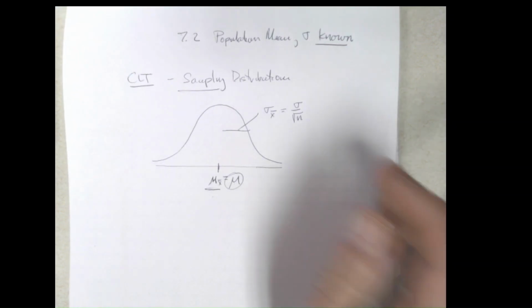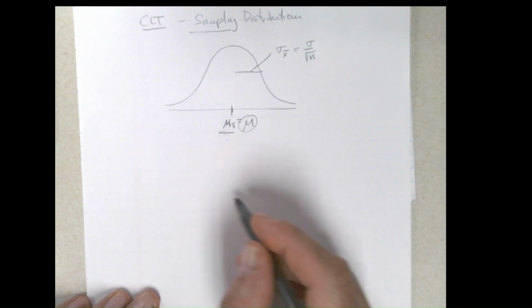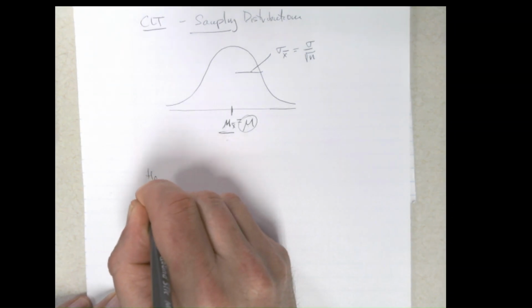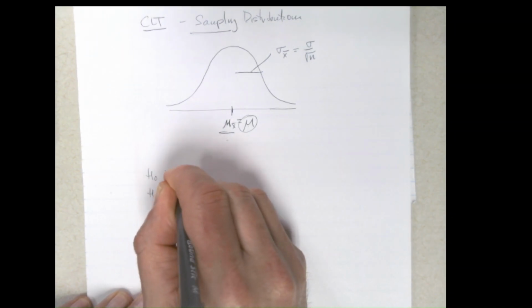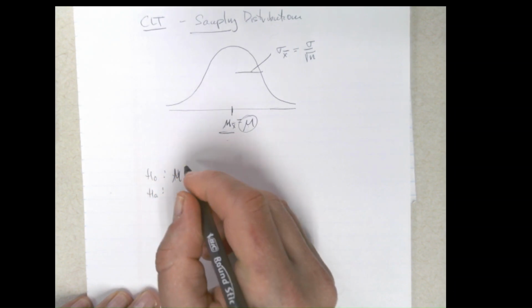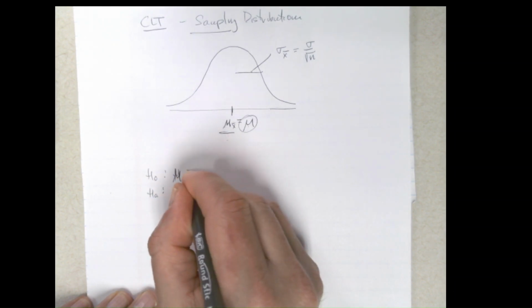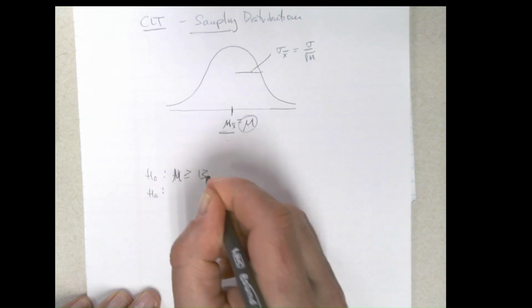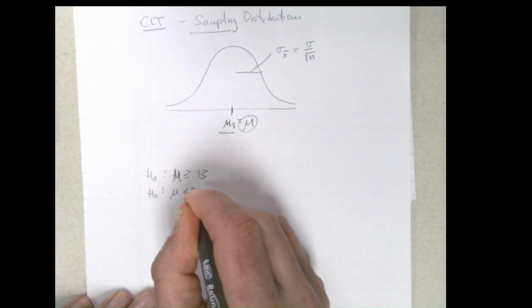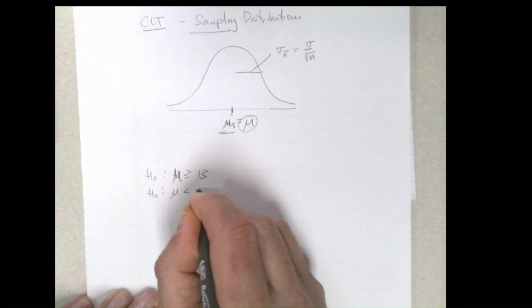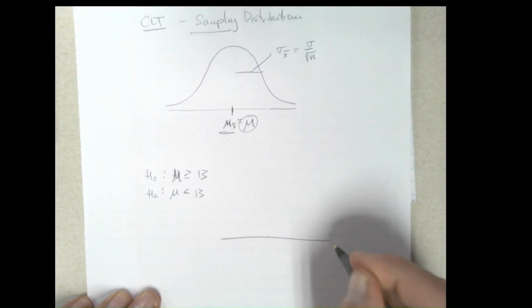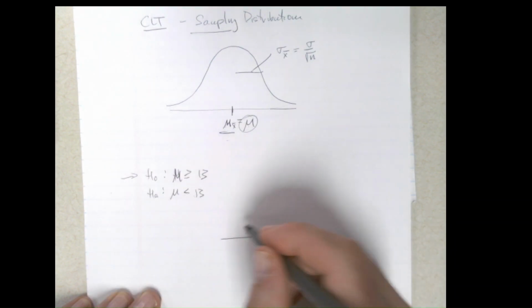And I guess just to review what we did in the previous section, we had an H0 and an HA, and this was the mean. I think we had greater than or equal to 13, and then the alternative hypothesis was less than 13. And then we're going to assume the H0, right?